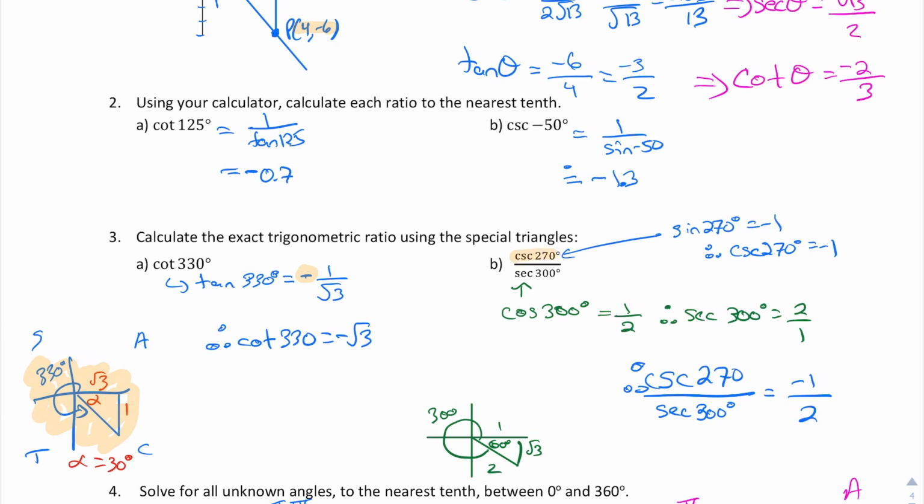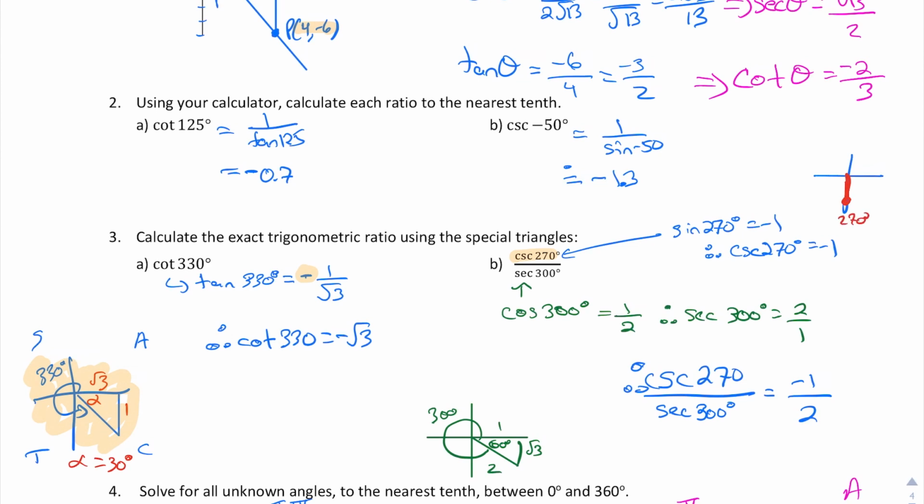Next one says cosecant 270 is really the same as sine of 270. Sine of 270 is a bit tricky. You can just punch that into your calculator. But this is one of those special cases where you land on the y-axis. Because you land on the y-axis, if I just sketch it, you're really here.